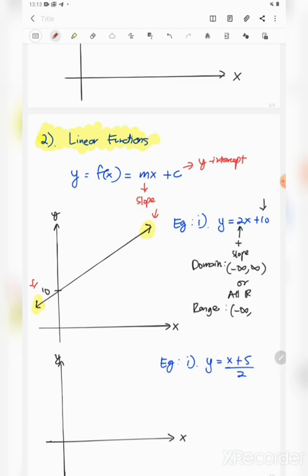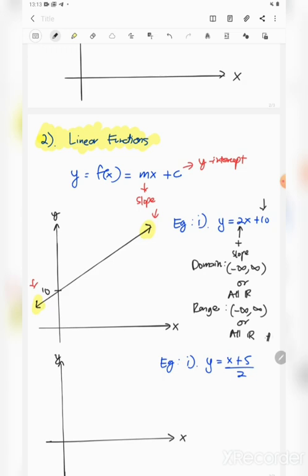So again there is no limit, so both domain and range give the answer no limit, or all R.